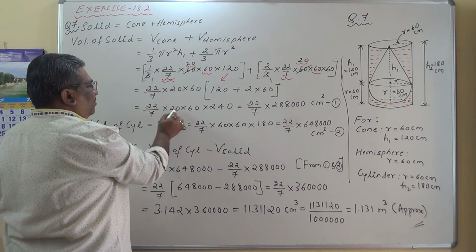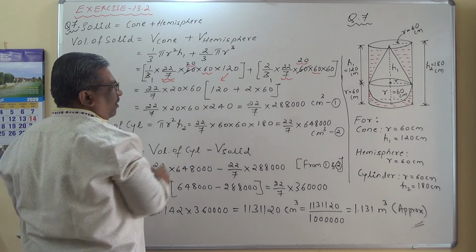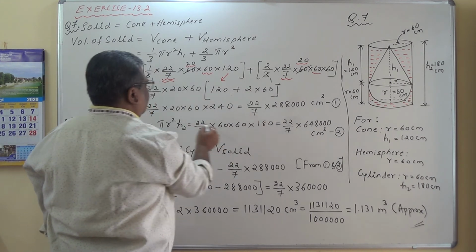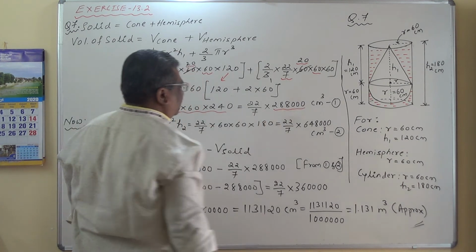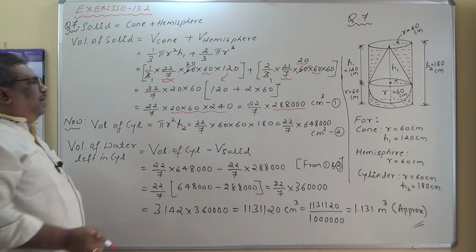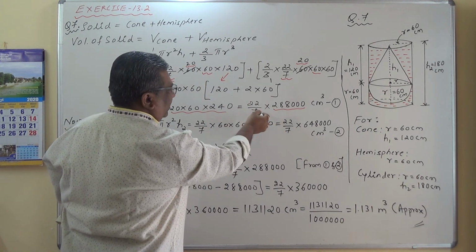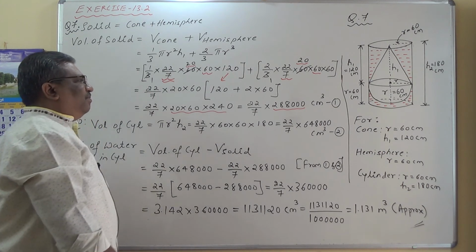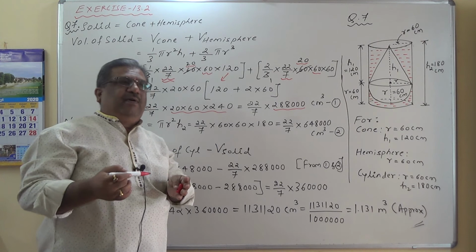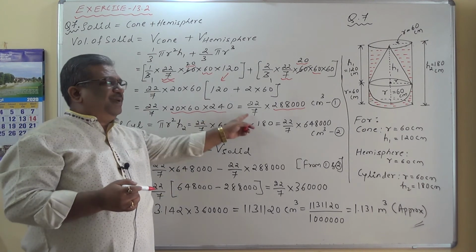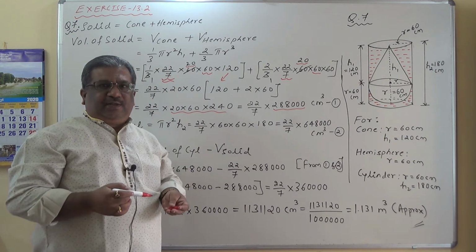So 22/7 into 20 into 60, this is 120 plus 120, 240. So 22/7 into, if I multiply these things, I am getting 2,88,000. Now I could have finalized here itself, simplified in terms of decimals, but I know that further calculations are involved, and this pi will be involved in the calculations of volume of cylinder also.